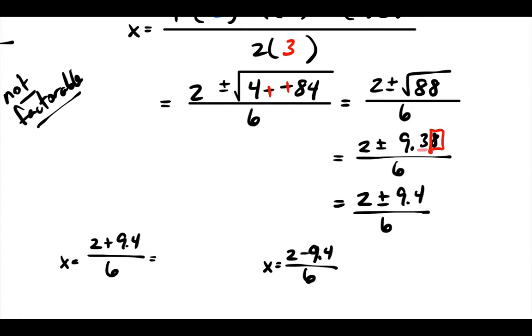So let's see, 2 plus 9.4 is 11.4. Divided by 6 is 1.9. That's one of my answers.